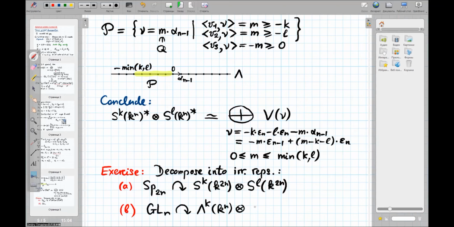So in our example, we considered symmetric powers, and now let it be wedge powers. This is also a very standard formula in representation theory. It can be proved in many ways, but the exercise for you is to prove it using this method, using spherical varieties.